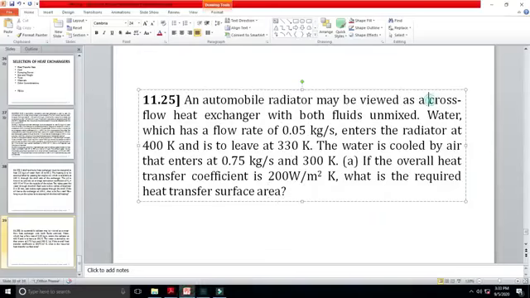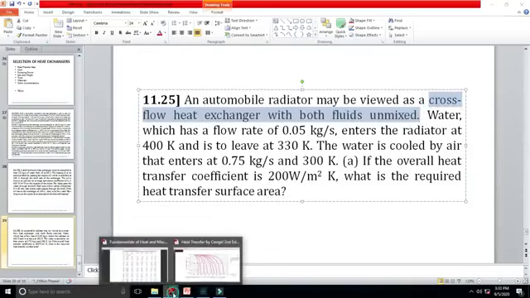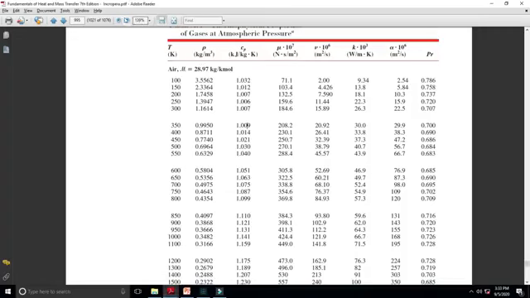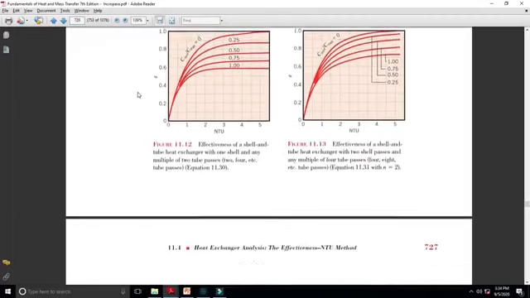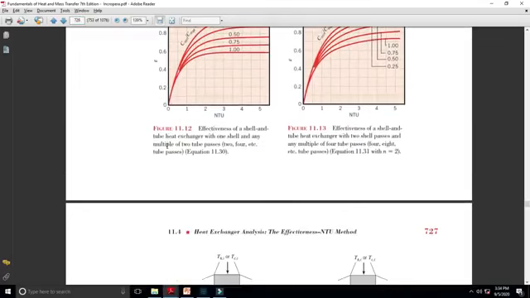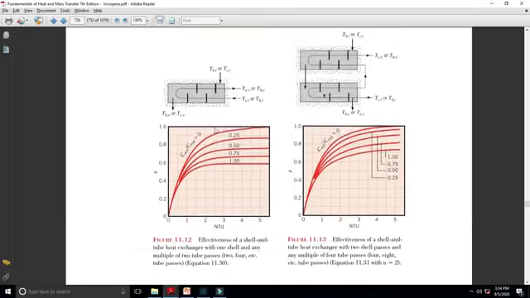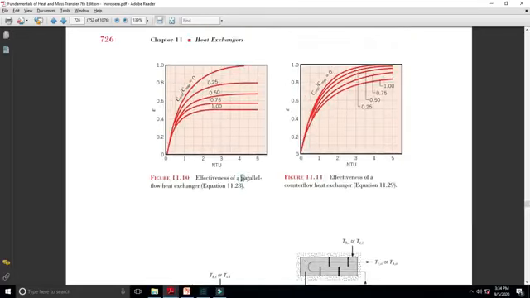It is a cross flow heat exchanger with both fluids unmixed. So if we go to this list of charts, the first one is for effectiveness of parallel flow, and then this is for counter flow.